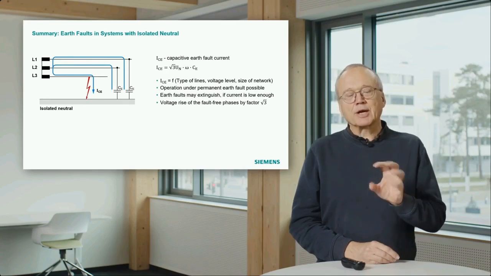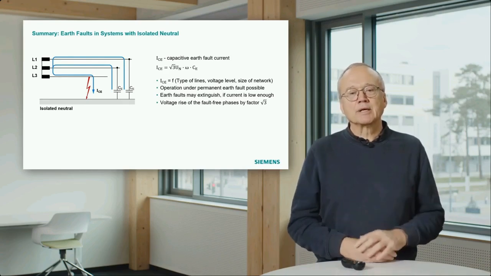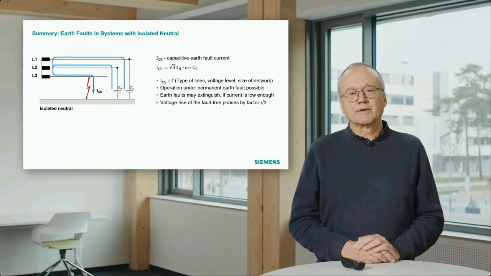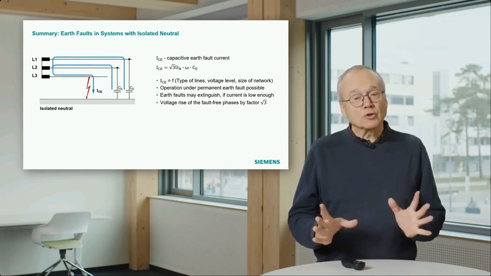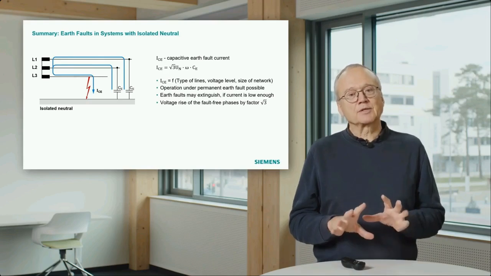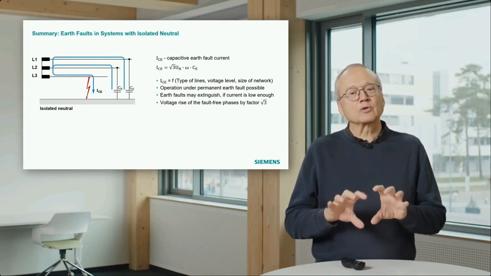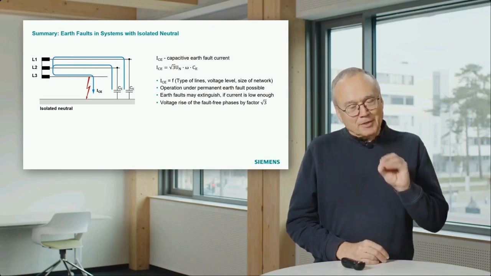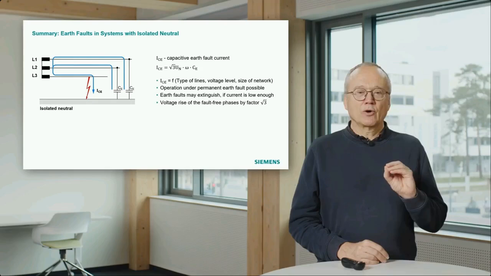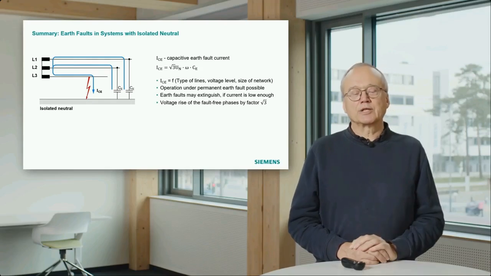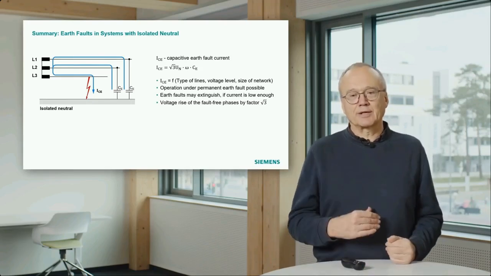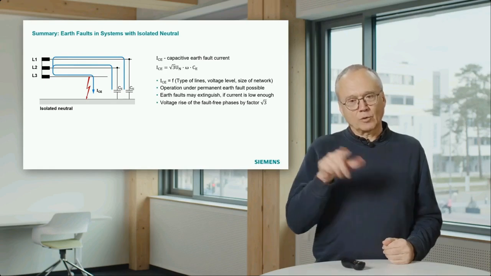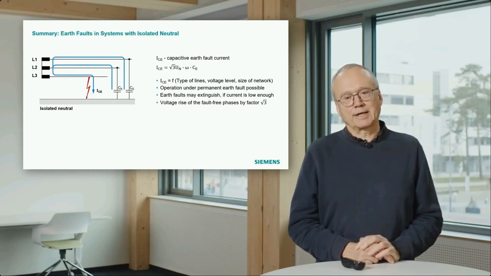In this case, the currents are in a range maybe 10, 20, 30 amps. It's not zero, but relatively low currents. That means you can continue operation for some time. But the really interesting thing is, earth faults may extinguish without doing anything if the current is low enough. And I will come to that point on the next slide.